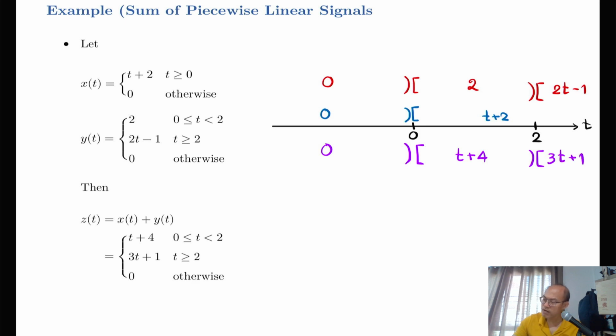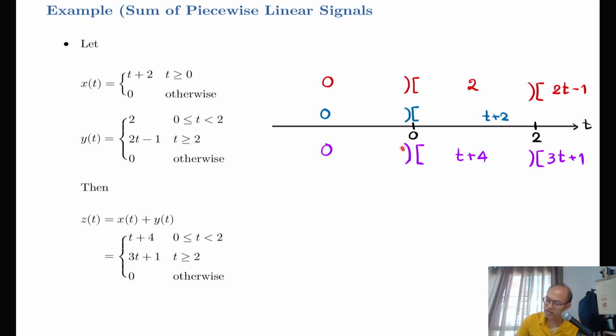How come we have 3t here? Because in this interval y is 2t minus 1, whereas x is t plus 2, so add them together, you get 3t plus 1. So this is z.